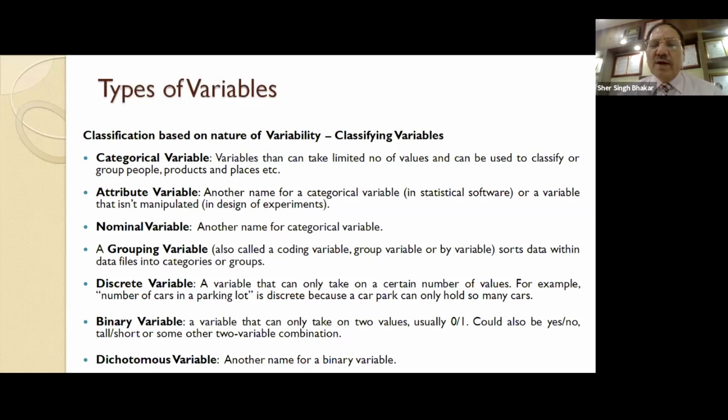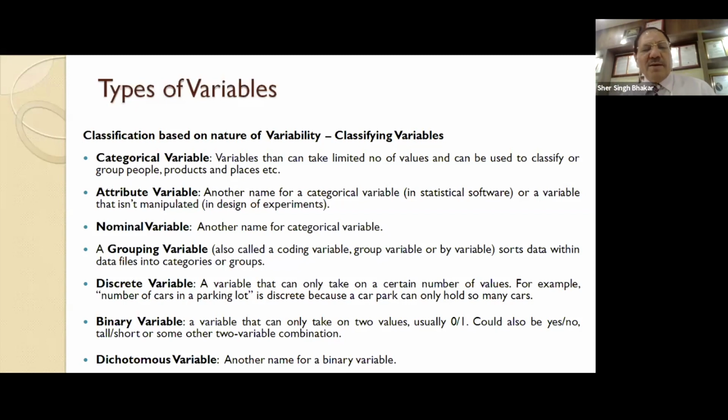Even if you use it for analysis, like say in binary regression, your dependent variable is a dichotomous variable. There also, we are actually classifying people into one or the other, and we get probability. What is the probability of classifying the person or the outcome into one of those two categories?